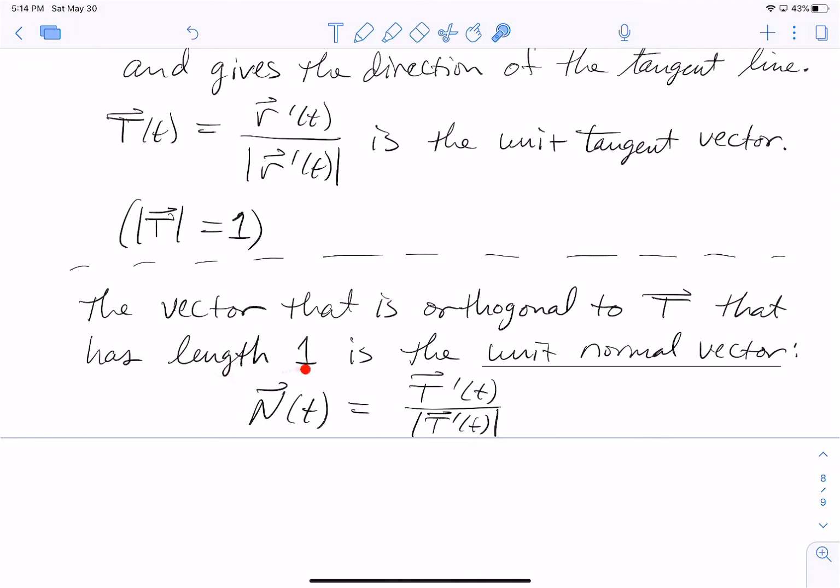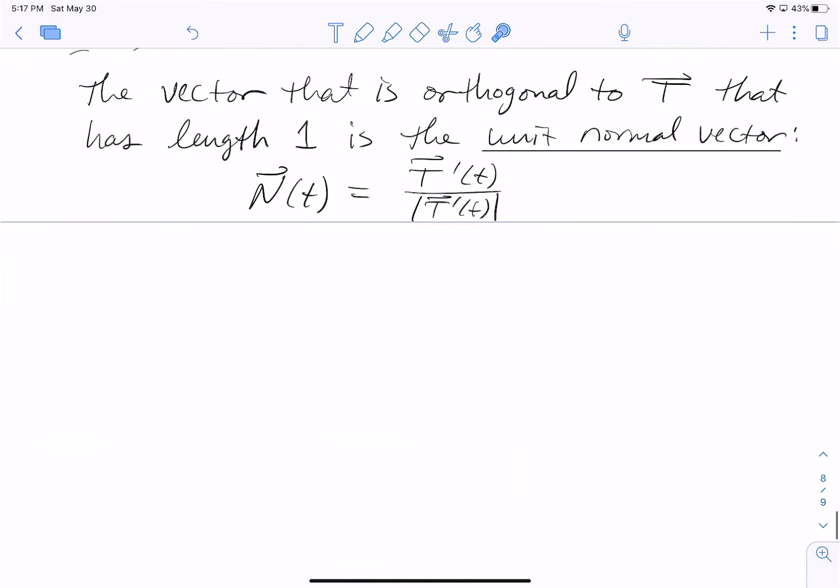It's a unit vector with length 1 because it is a vector divided by its own magnitude, and N is orthogonal to T because N is a scalar multiple of T prime of t, and since T is a unit vector, its derivative is orthogonal to it from previous work that we've seen.